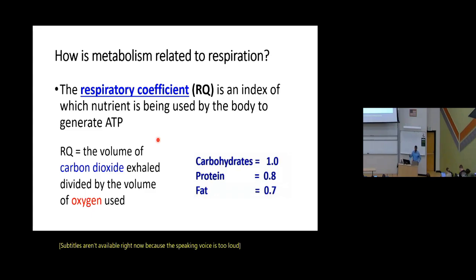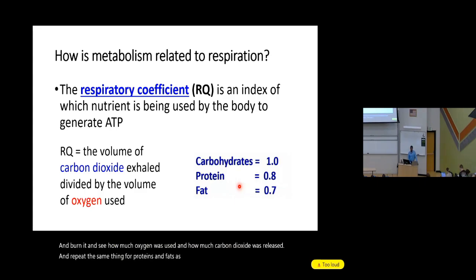So we could take pure carbohydrates and burn it and see how much oxygen was used and how much carbon dioxide was released, and repeat the same thing for proteins and fats as well. So when you think about a meal, it's going to have a mixture of all of these, so it really depends on the distribution of fats, proteins and carbohydrates.